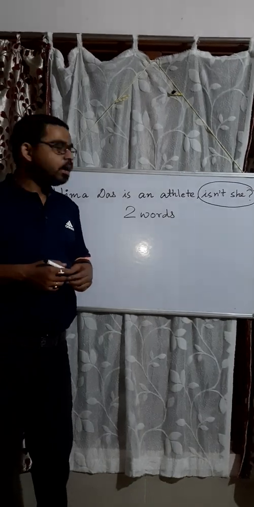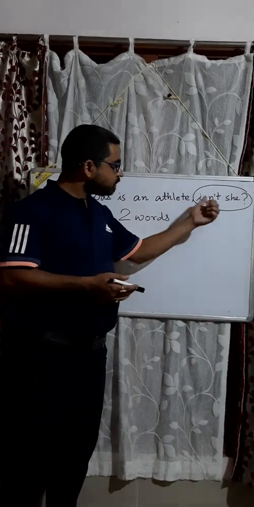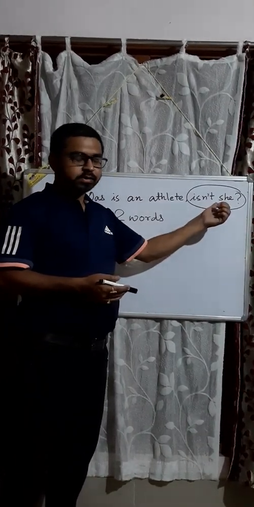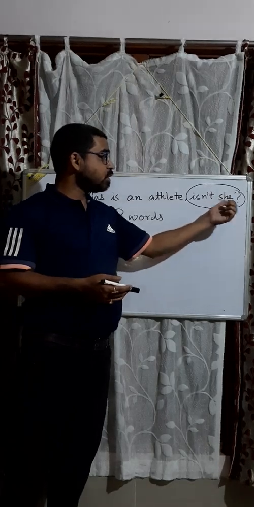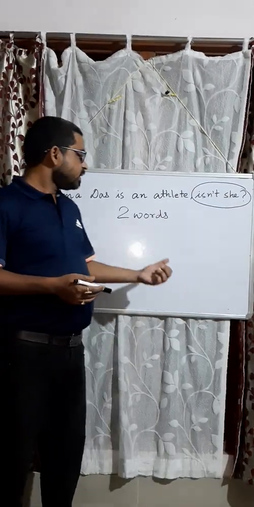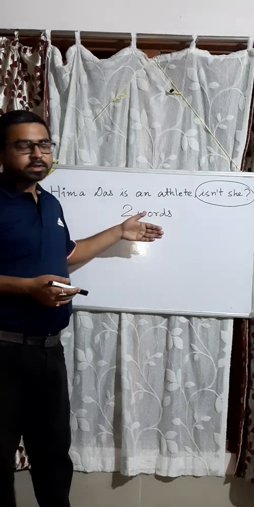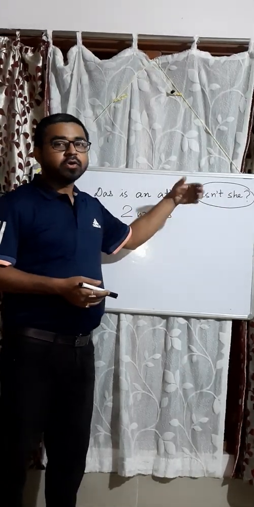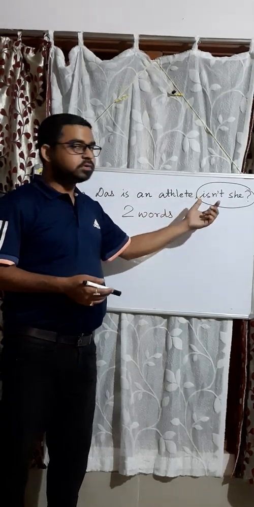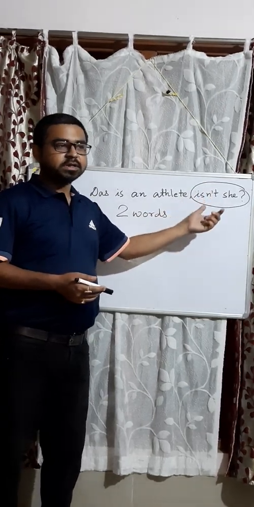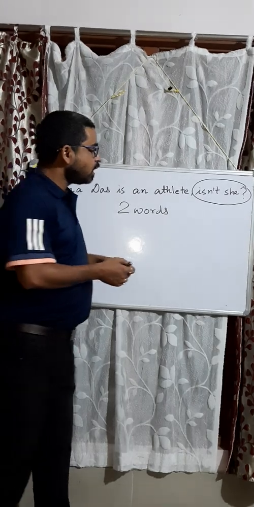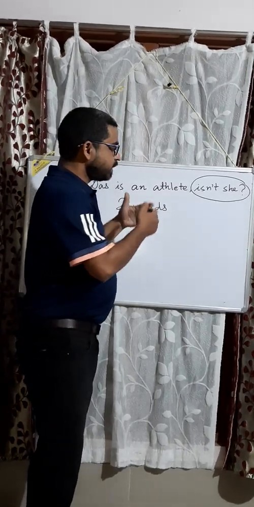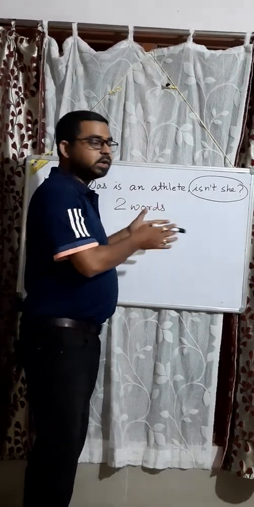But since the limit is 2 words, we have used the contracted form, or the shortened form, of is not. So we have used isn't, so that our tag remains confined to two words only.